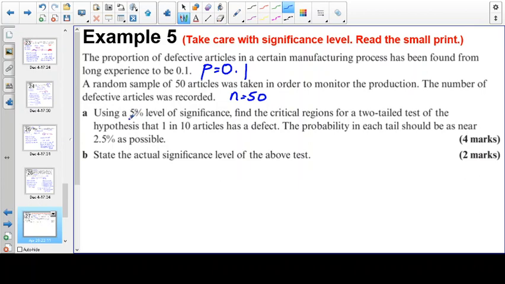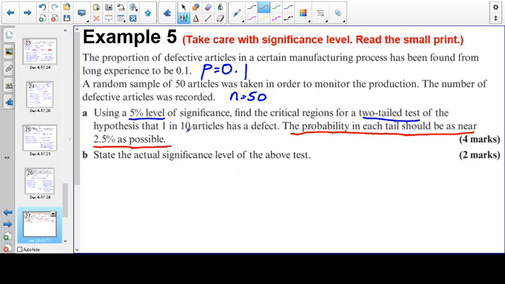Okay, so we're doing a 5% two-tailed test, but this is the small print. The probability in each tail should be as near 2.5% as possible.